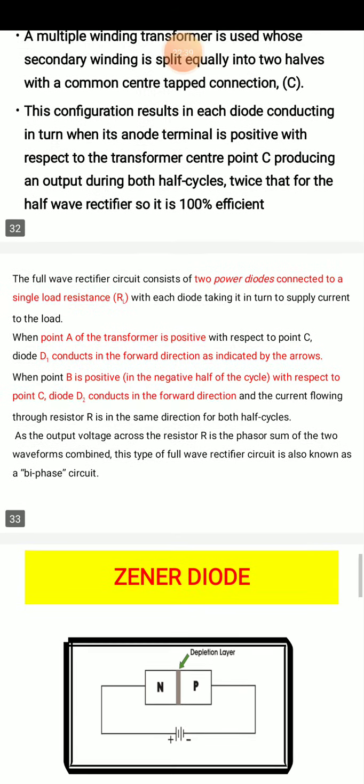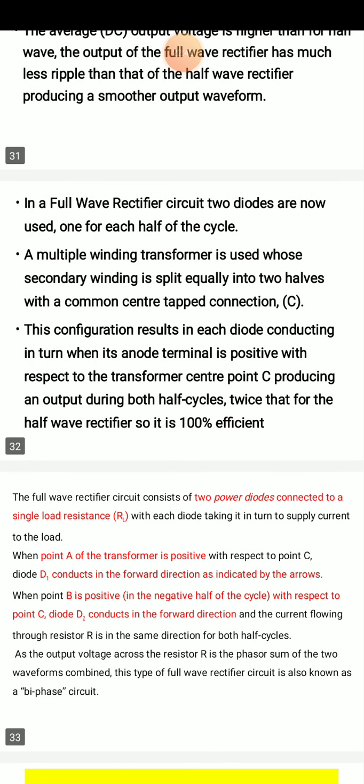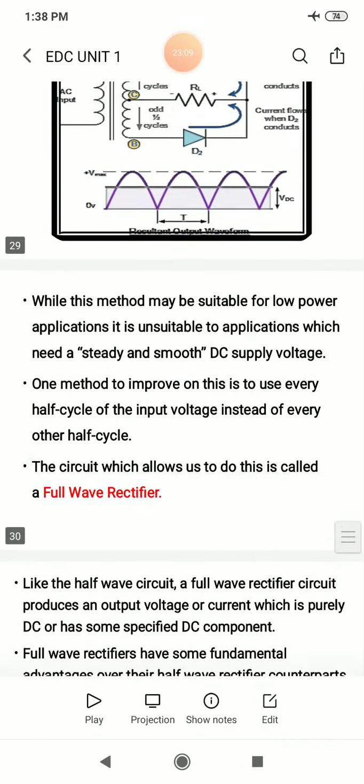The full-wave rectifier circuit consists of two power diodes connected to a single load resistance RL, with each diode taking its turn to supply current to the load. When point A of the transformer is positive with respect to point C, diode D1 conducts in the forward direction, as indicated by the arrow in the circuit.